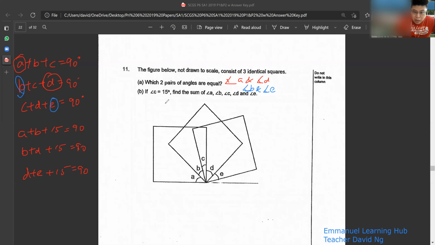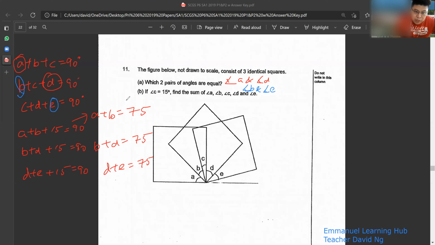Then they're asking for the sum of A, B, C, D, E. A plus B will be 90 minus 15, which is 75. B plus D is also 75. D plus E is 75.